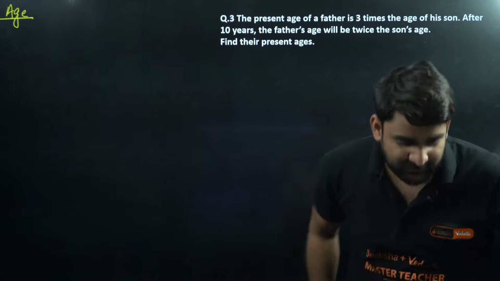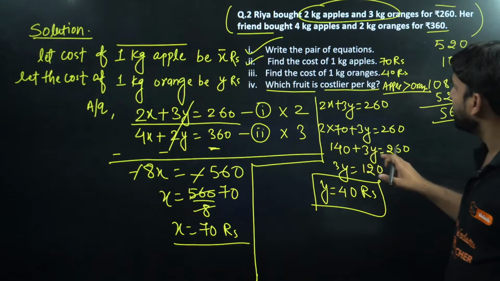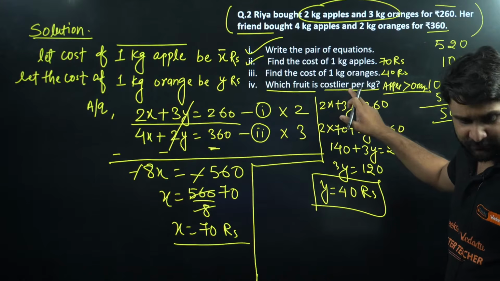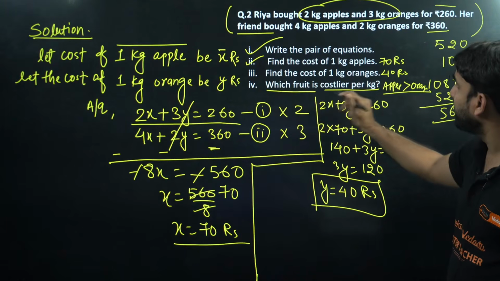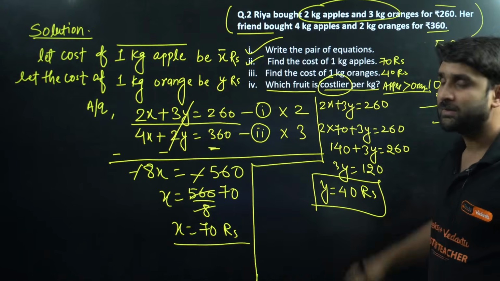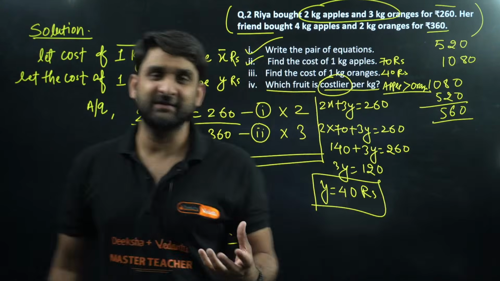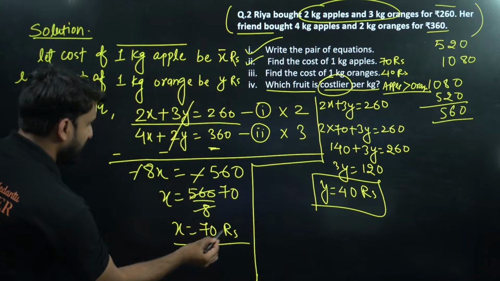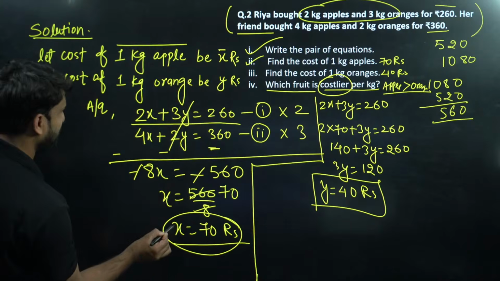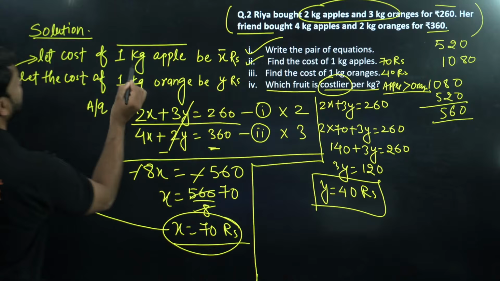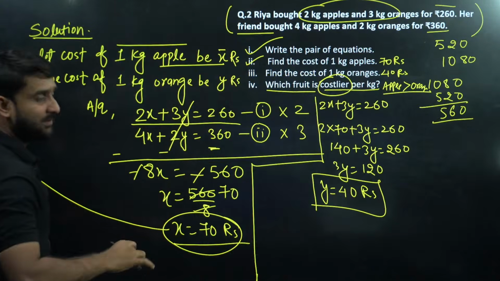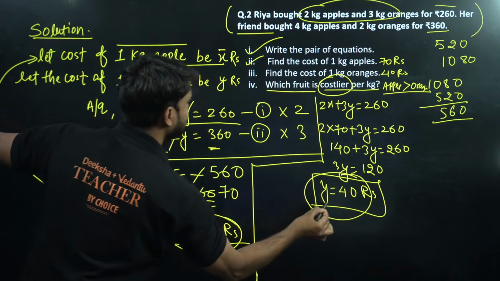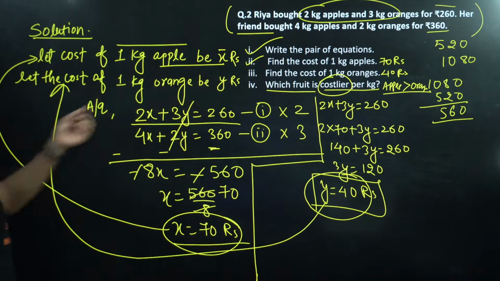Swati is asking which fruit is costlier. Costlier means higher price. So my dear, X is 70 rupees, and X is the cost of 1 kilogram apple that we had supposed. And Y is the cost of 1 kilogram orange.